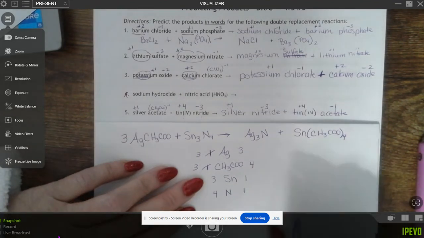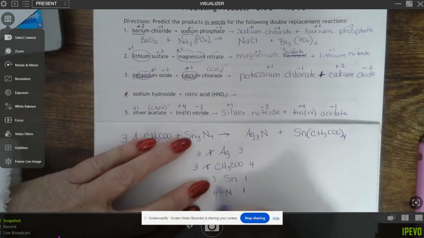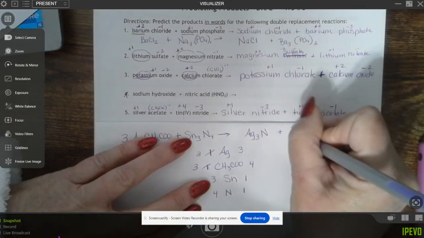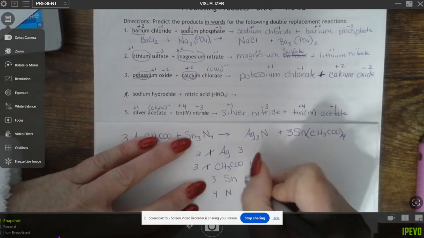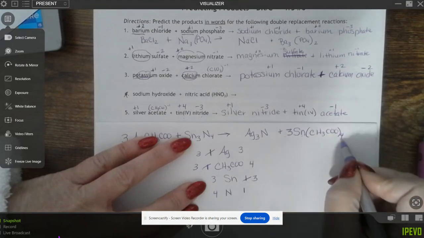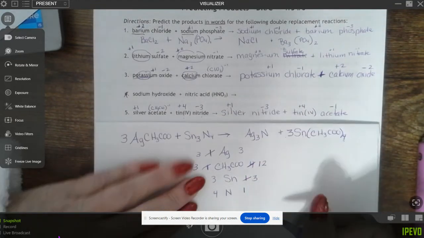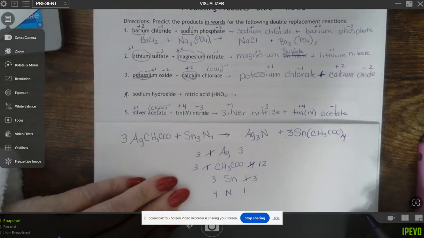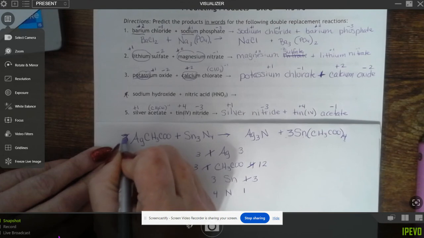And I'm going to do tin next. So if I look, I have 3 tin here and only 1 here, which means I need a 3 here. Look what that does. It gives me 3 tin. But notice what it does to my acetate. It gives me 12. So I am indeed going to have 12 acetate, which means this 3 over here just won't do.